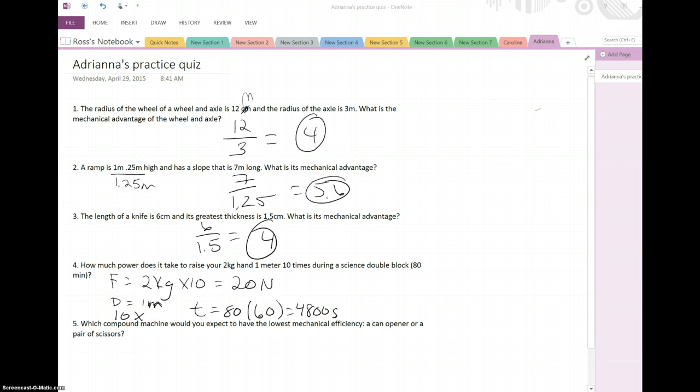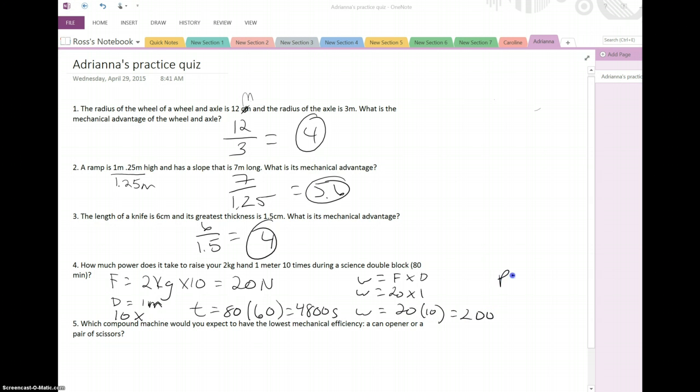So now we can set it up. Work equals force times distance. Work is what we're solving for. Force is 20 times 1. Work is going to be 20. Now we're doing it 10 times, so it will actually equal 200.